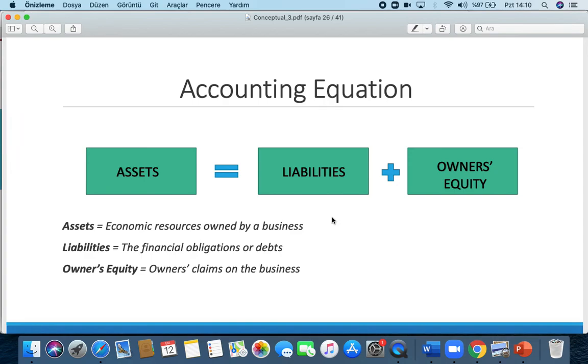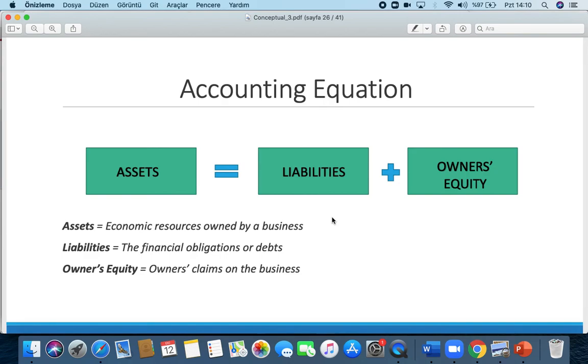So accounting is actually balancing the rights and obligations about an economic transaction. So when you enter into a transaction, there are two sides, okay? Always, this is the case.